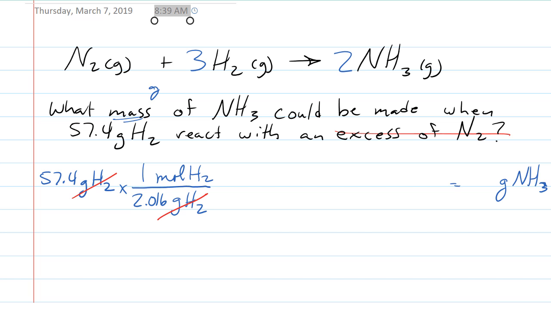If we go to the next step, we have moles of H2. We're trying to get over to NH3. How do we get from one substance to another substance? What conversion do we call it? A molar ratio. A molar ratio gets us from one substance to another. So if we want a molar ratio, what substance is going to go on the bottom?